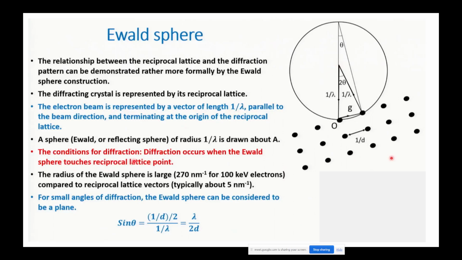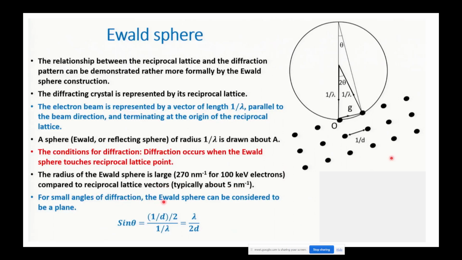Diffraction occurs only when the Ewald sphere touches the reciprocal lattice. Here it is touching the reciprocal lattice. The radius of the Ewald sphere is large compared to the reciprocal lattice vector, typically about 5 per nanometer.